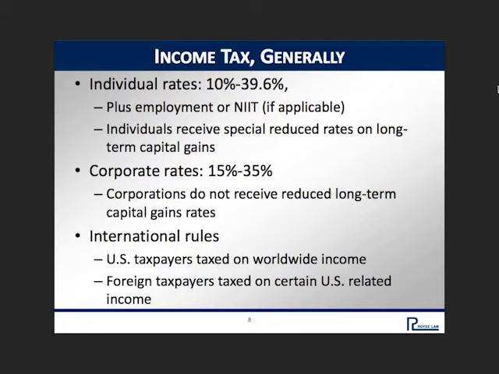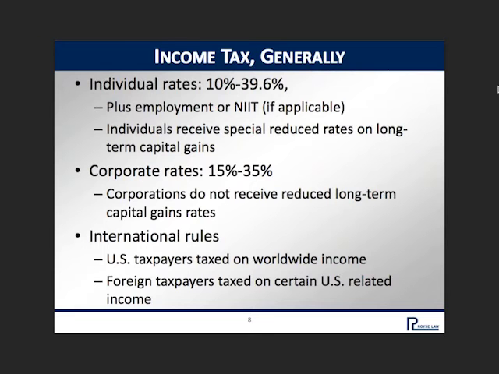Our U.S. international tax rules, as said at the bottom of slide 8, are that U.S. taxpayers are taxed on their worldwide income, and this doesn't necessarily mean you're a citizen. If you're a green card holder, if you're a resident, we're going to tax you on your worldwide income. Foreign taxpayers are taxed in certain circumstances on certain U.S.-related income.